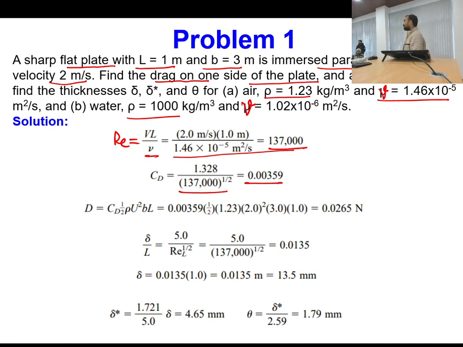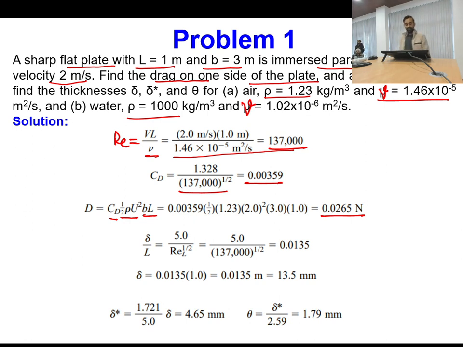Once I have it, drag force equals CD times half rho U squared times planform area, which is B into L for a flat plate. From here you will find that 0.0265 newtons of drag force is acting.